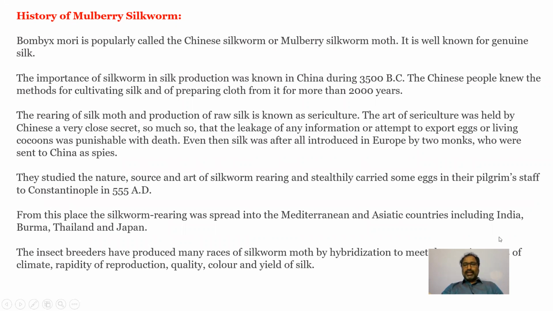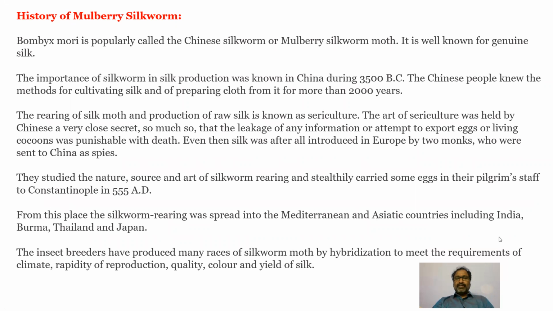Now, before getting the knowledge of the life cycle of this silkworm, it is better to know about the history of the silkworm, especially the mulberry silkworm. Bombyx mori, of course, is popularly known as the Chinese silkworm actually. Now we are calling it the mulberry silkworm or mulberry silk moth.